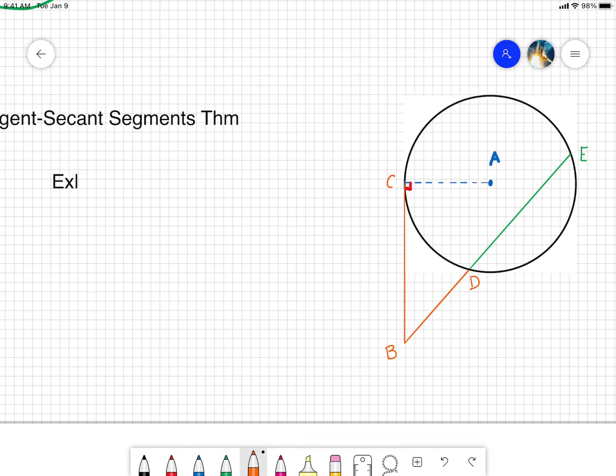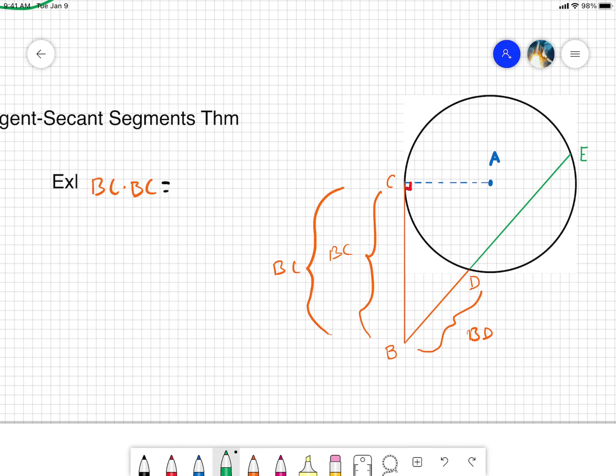without really going through all the hustle and bustle, essentially this is the exact same theorem, okay? The only difference is we're going to do the little piece outside, which is BC, and for tangents, the little piece outside is also the whole. So what we're going to have here is BC times BC, and that's going to equal the little part outside, BD, times the whole, which is BE.